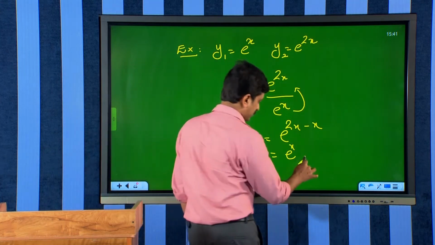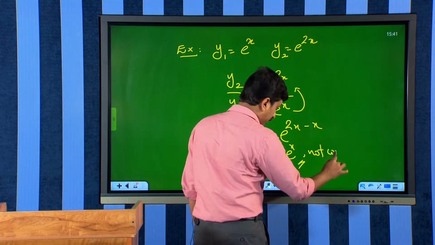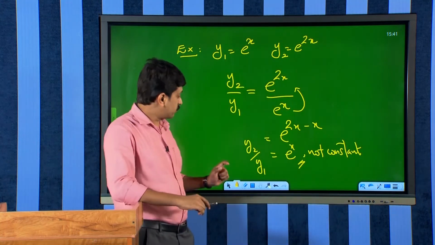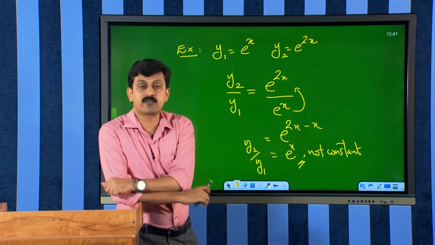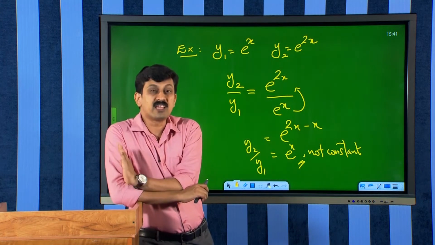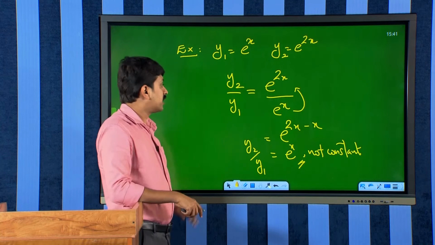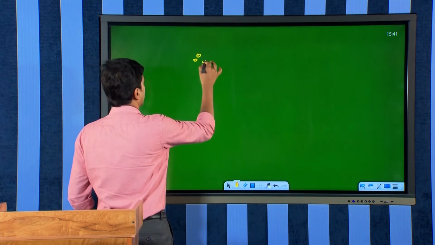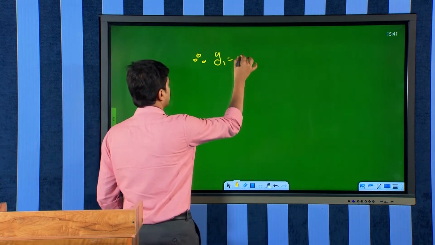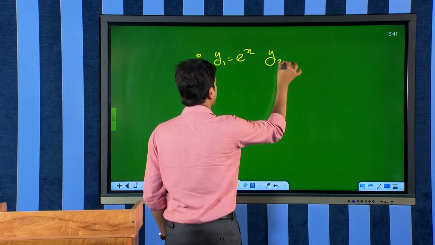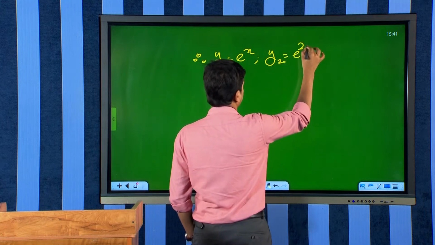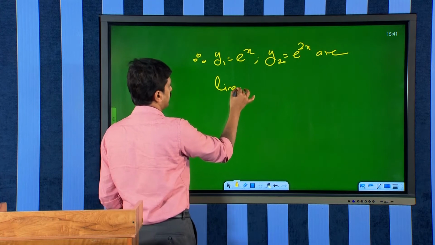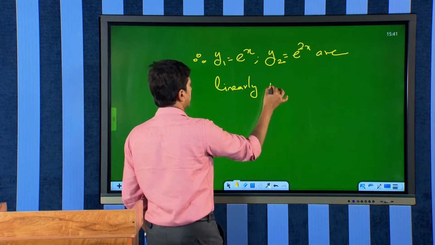This is not a constant. My dear students, the ratio of the two functions is a function, so that is not a constant. So we can say that y1 equal to e raised to x and y2 equal to e raised to 2x are linearly independent.